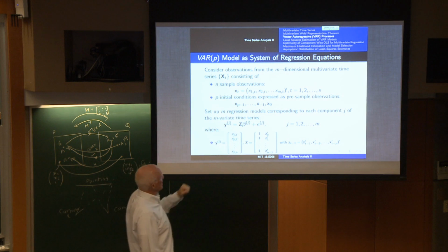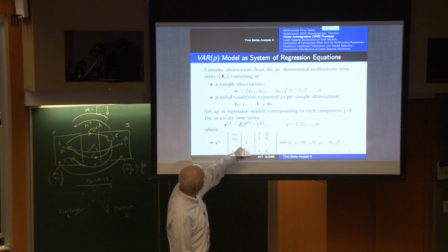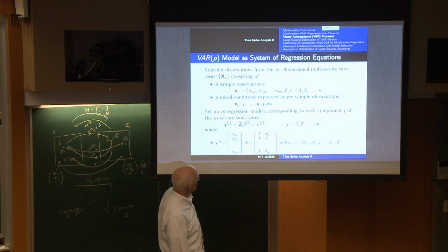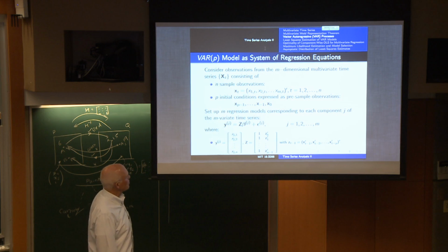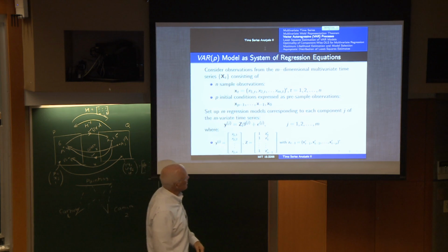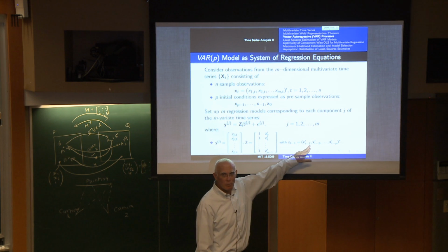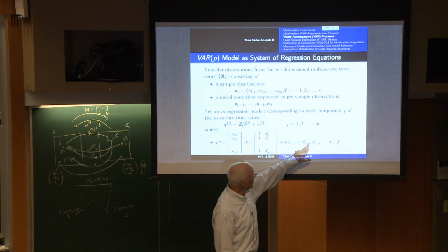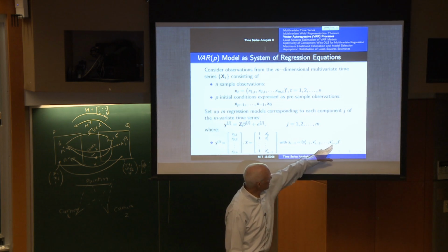And we're going to model that as Z beta_j plus epsilon_j, where Z is given by the vector of lagged values of the multivariate process: the t minus first, the t minus second, up to t minus p.